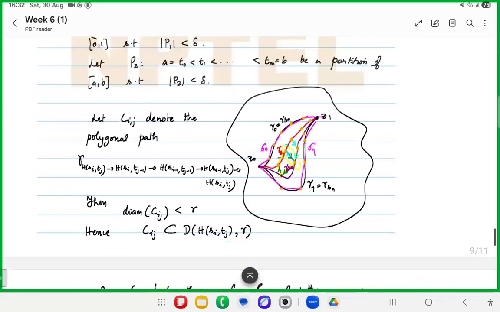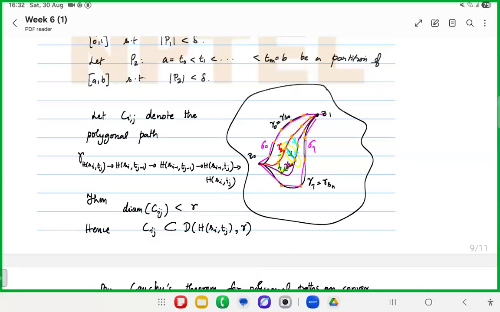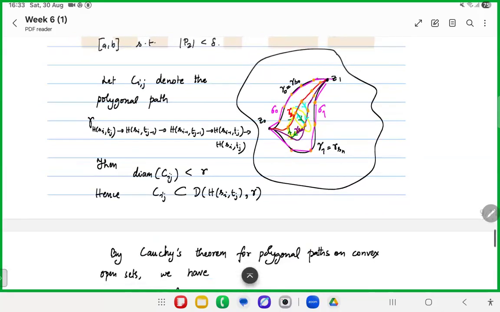So again, if they are homotopic, let's say the first curve gamma naught and gamma 1 are homotopic, then taking various partitions of the homotopy, we can have polygonal paths where all this overall Cij is here.